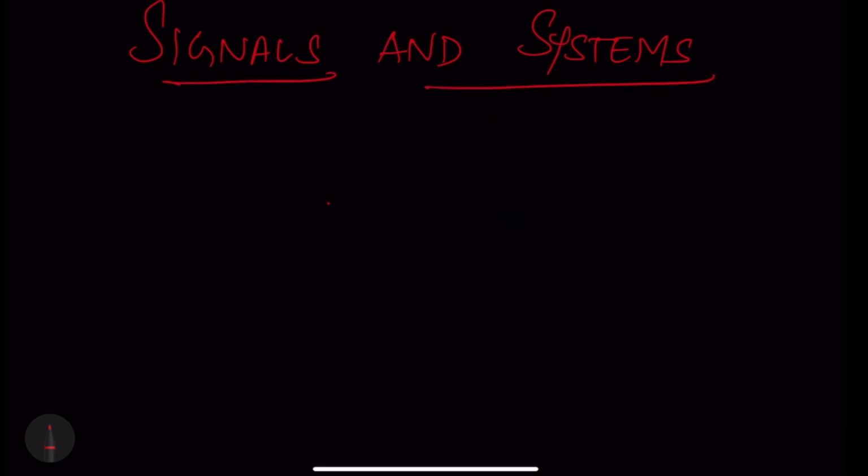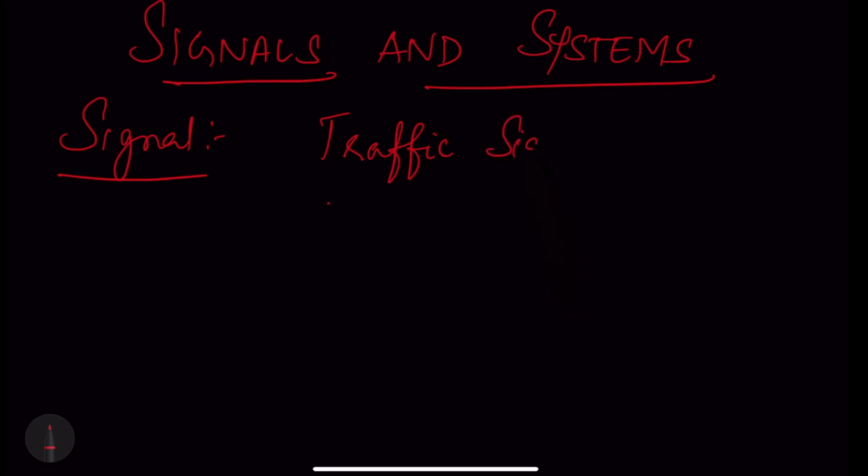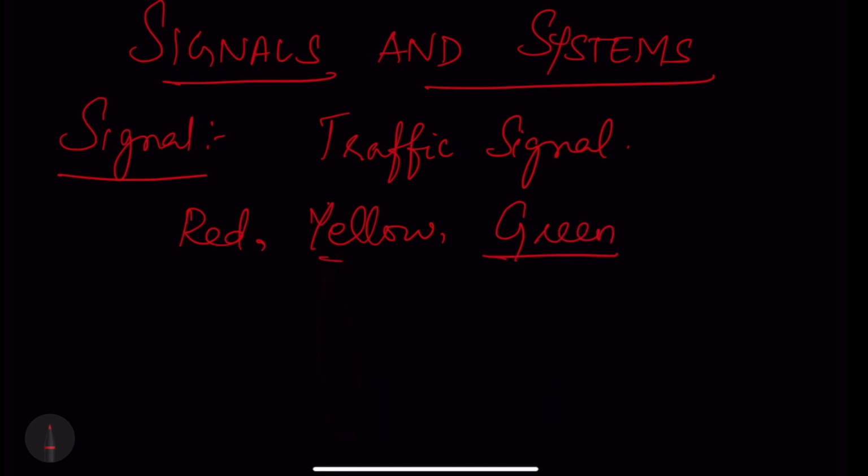So first we'll discuss what is a signal. A real life example, let me take for example a traffic signal. In a traffic signal, normally we have colors like red, yellow and green. So what do all these three colors indicate? They give us some information.